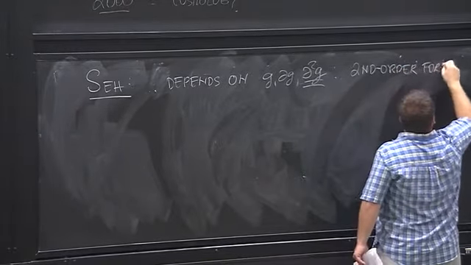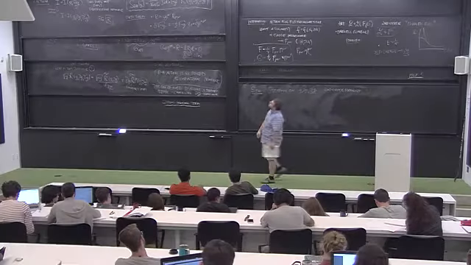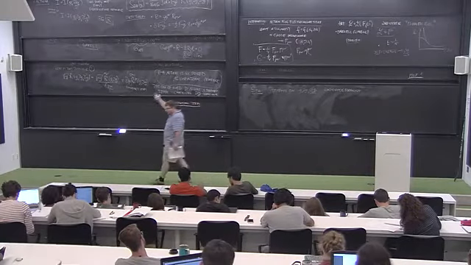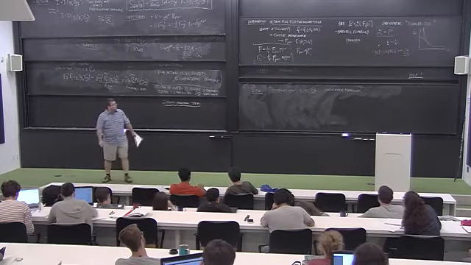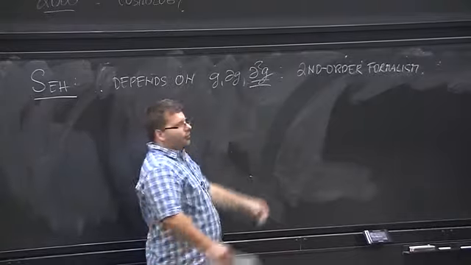You treat the action of Einstein and Hilbert as a function of the metric, and the Lagrangian density depends on up to 2 derivatives, and that's called second order formalism.